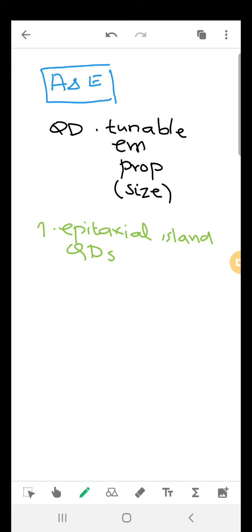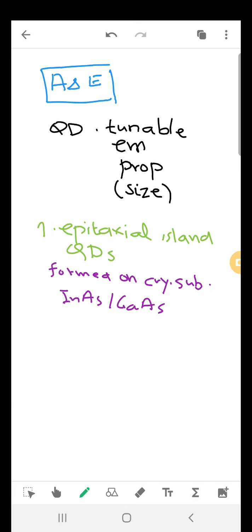These are formed on crystalline substrates, and examples are indium arsenide formed on gallium arsenide, or germanium on silicon.